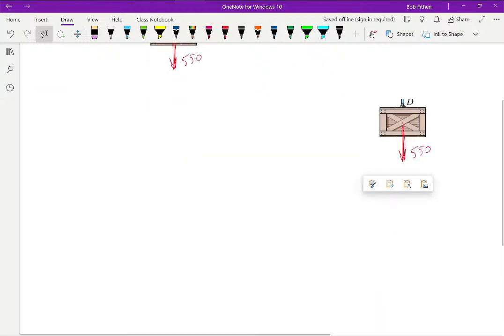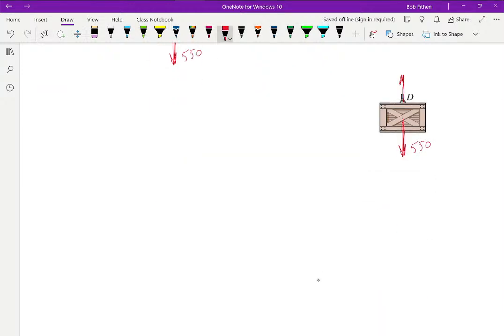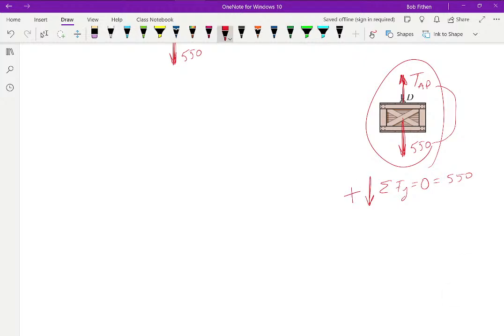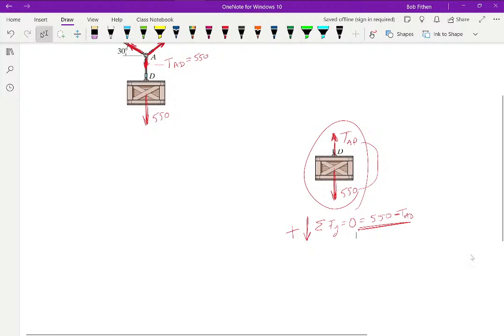And then he'll say this tension has to offset that, and because of that, that makes the tension, okay, if you did the sum of the forces equals 0 in the y, 550 is a positive, minus TAD tells you that TAD is equal to 550 there.